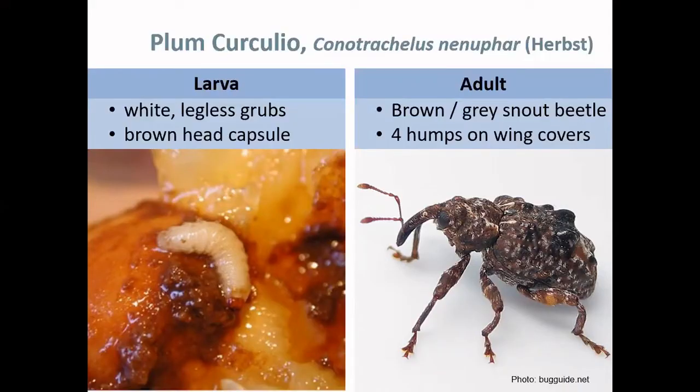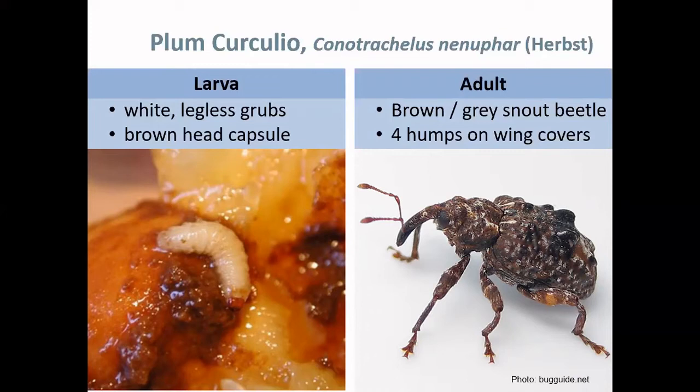Plum curculio is another pest that you may see in that early season. Activity can start as early as pre-bloom. In terms of the life stages, the larval stage you likely won't see in the orchard. These are developing within the fruit, and these are white, legless grubs, rather indistinct in terms of appearance. The life stage that you will likely see if you do come across it in the orchard is the adult stage.